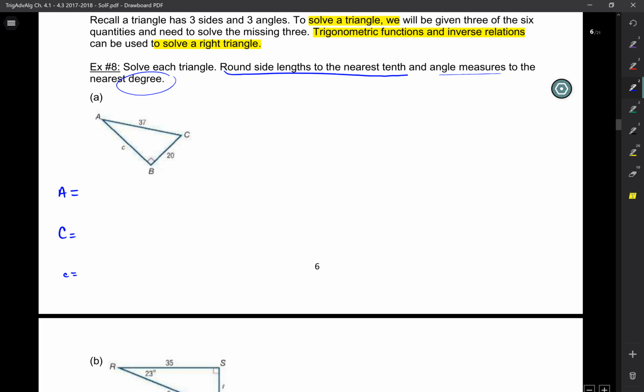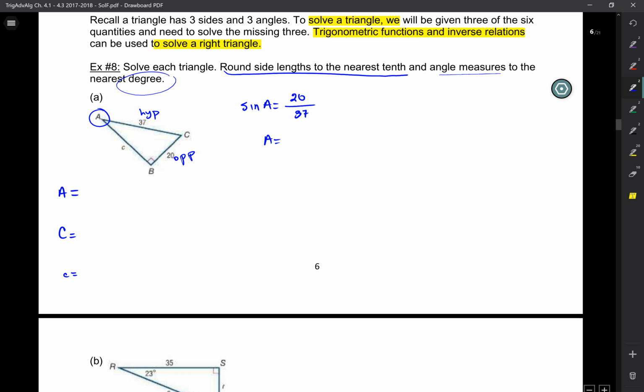Okay, so identify the angle, label the sides. It doesn't make sense to label side C because that's an unknown. What's the 37? Hypotenuse and opposite. So that will give us sine, cosine, tangent. Sine of A equals 37 over 20. No, it's not. That will be a number greater than 1. So it's got to be 20 over 37.